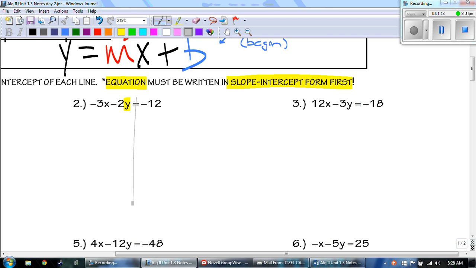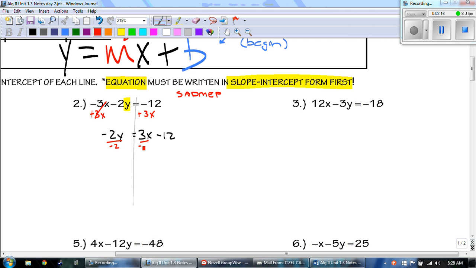Okay? So I need to follow the rules of SADMAP to solve for y. Okay? So I need to move the 3x to the other side. Now, those are not like terms, so I cannot combine them. And I get 3x minus 12. I want this written in standard form, so that's why the x comes first.